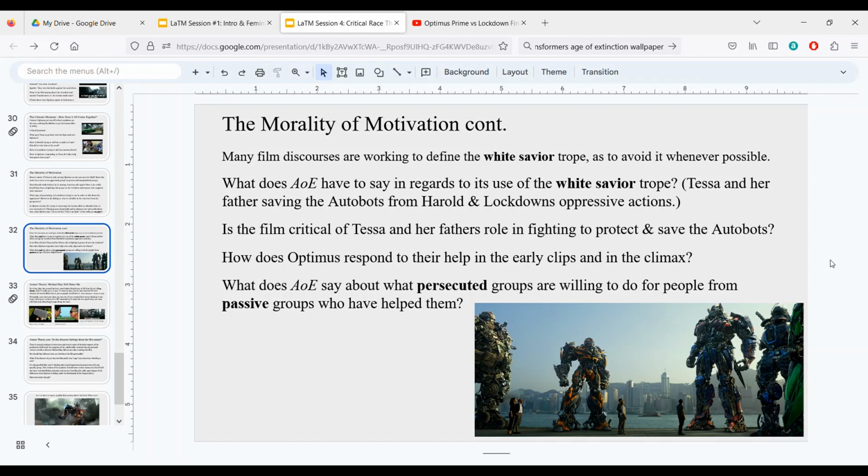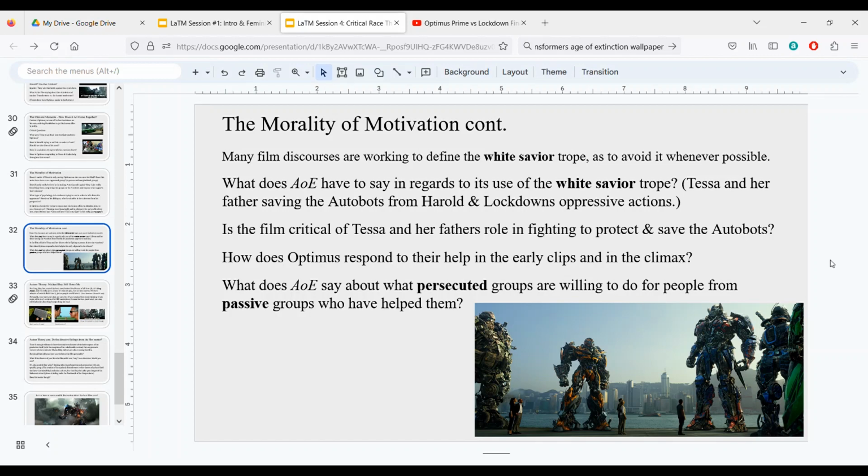I don't know. So what is it saying about the persecuted groups helping the passive groups who step in to help them? Like if people being oppressed are offered help by people with privilege, what's the response in Age of Extinction? No, so don't do that. That's the response. No, we don't need your help. This is our fight.